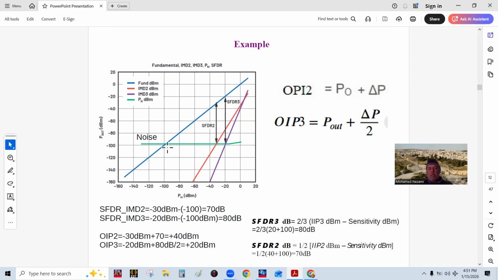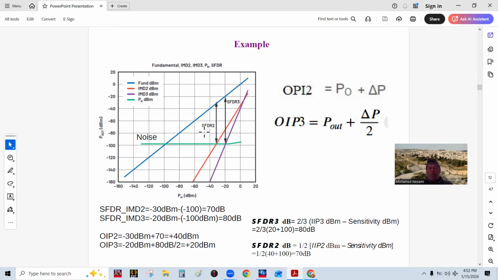The signal itself you will start seeing when the input is above minus 100 dBm. But the intermods you will not see until you reach the first one at minus 60 dBm, and that's the second order intermod. The third order mod you will see later. So in this case, the second order intermod dominates over the third order intermods.